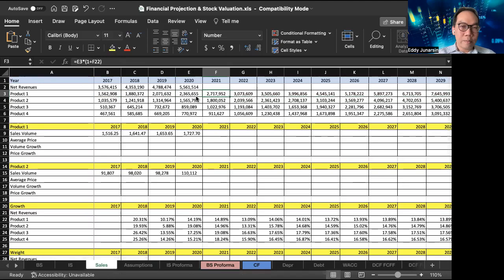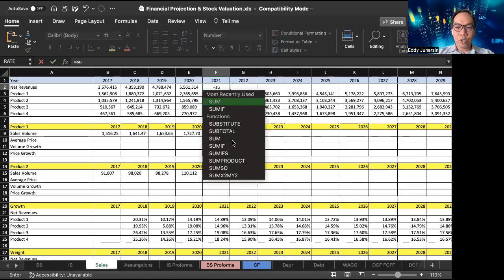Yeah, I try to use the manual style of Excel coding and formula, rather than using the more advanced data table or HLOOKUP, VLOOKUP, or something like that. Okay? So we are using the manual style of Excel. Okay, so we got again the growth rate projections, and then the sales projections for all the products.